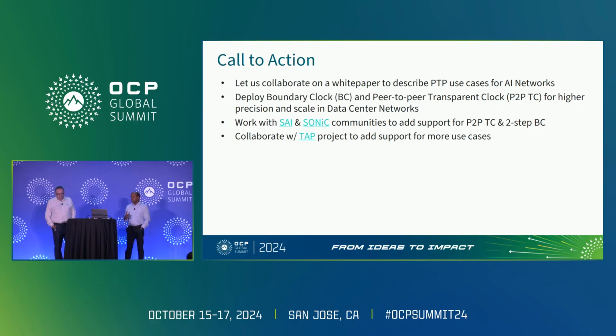SAI supports these deployments, and let's also deploy boundary clock and peer-to-peer TC, because end-to-end is, as I said, very popular, but peer-to-peer TC also has a very good number of use cases, as I explained. And of course, Amit went through the details of link delay measurement, which is a key requirement for hyperscalers, and more and more enterprises are also leveraging it.